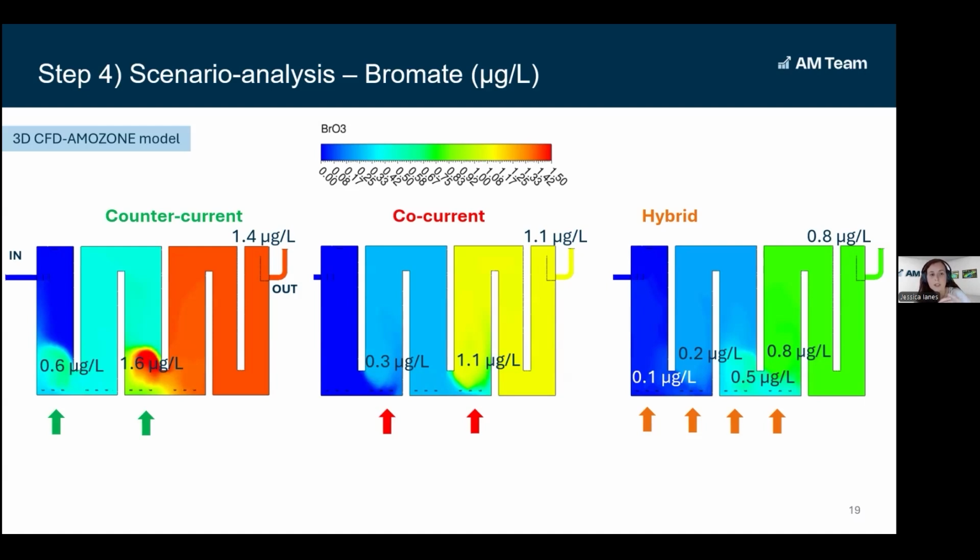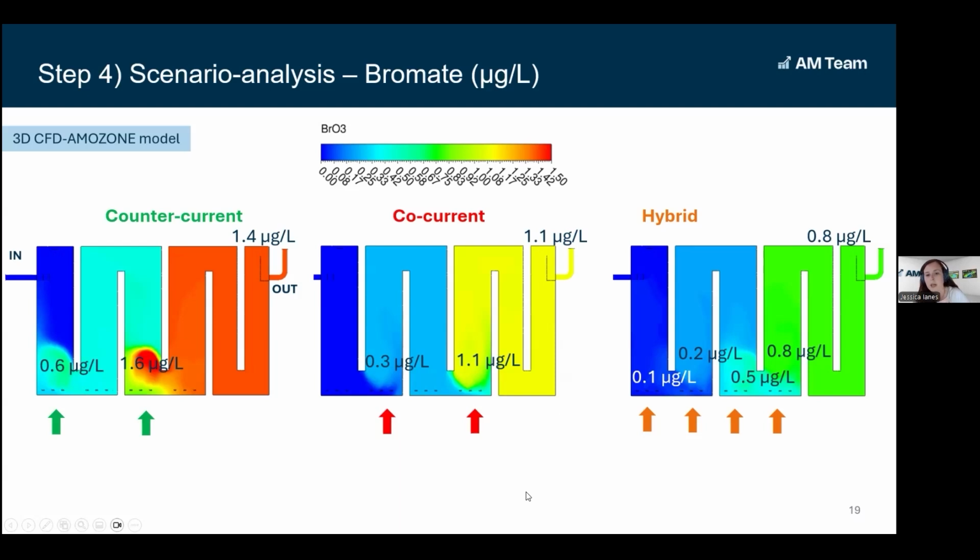But we can also improve the performance in terms of bromate formation further using co-current or hybrid configuration. Thanks to this greater spread of ozone concentration in the co-current, we are below the counter current emission of bromate, and we reach 1.1 microgram per liter.